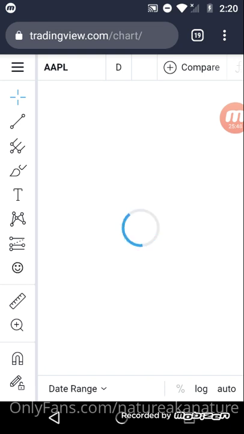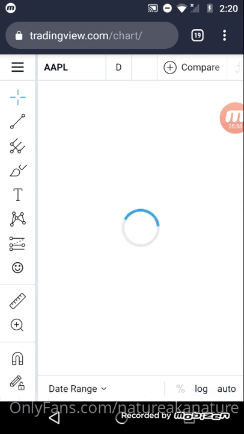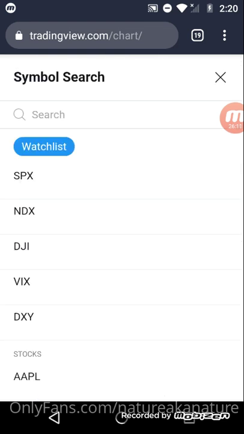This is Apple, Apple right here. So it's very clear. Whether you're on your laptop, your phone, or tablet, it's very clear. You can see what's going on in these charts too. So people use TradingView. TradingView is good. I said get ideas from here too. Get ideas from TradingView. It's also good.